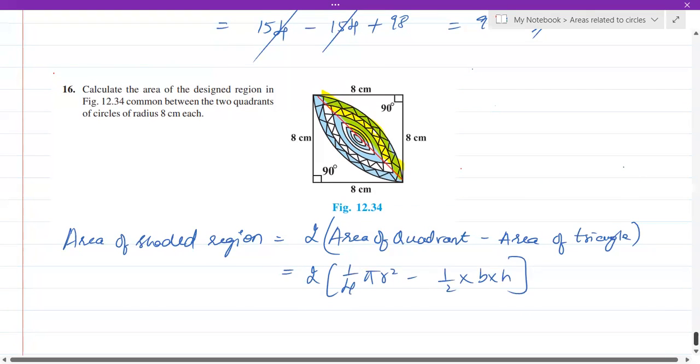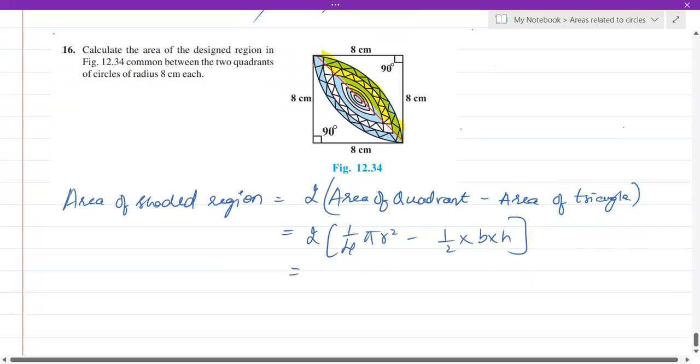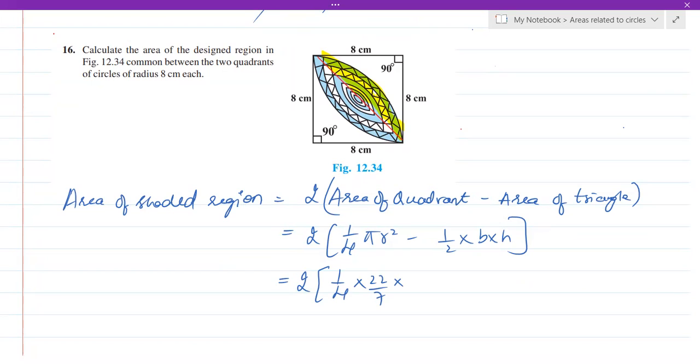Okay, so 2 times 1 by 4, pi value is 22 by 7, and the radius is given as 8 centimeter. So 8 square minus half, the base is 8 centimeter. Okay, this acts as the base and this will be the height. Okay, so height is also 8 centimeter.